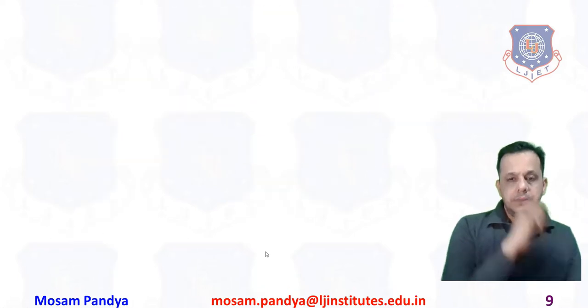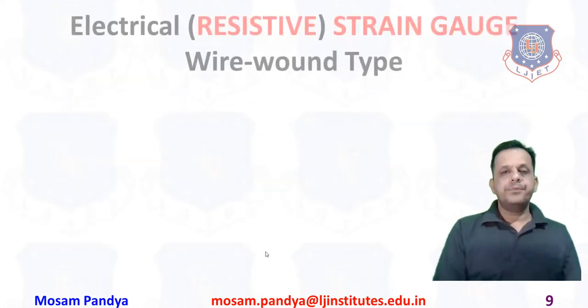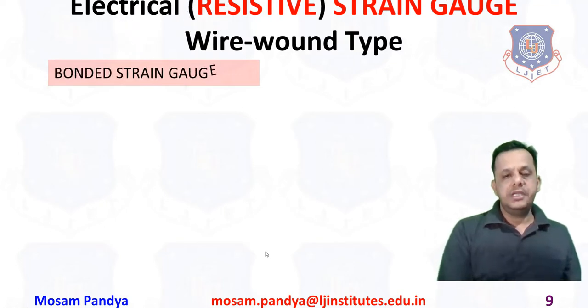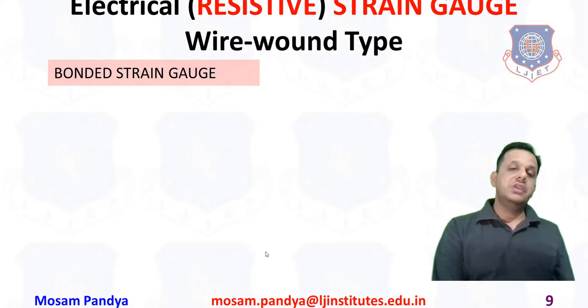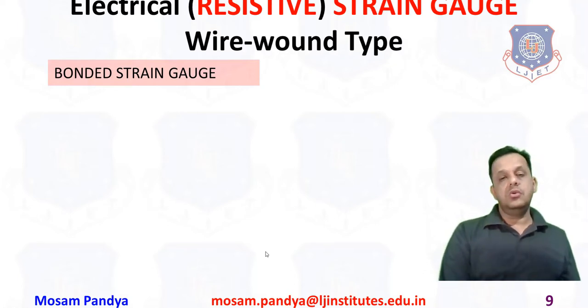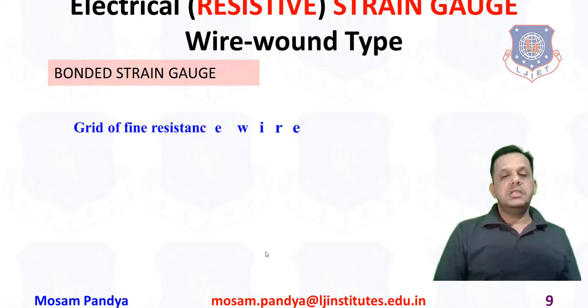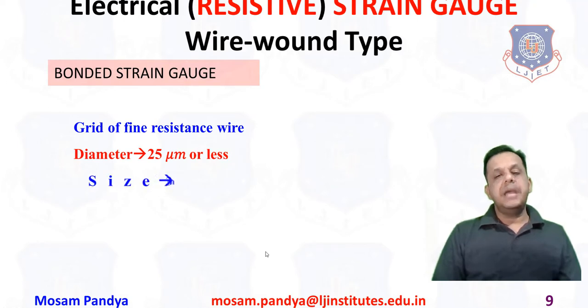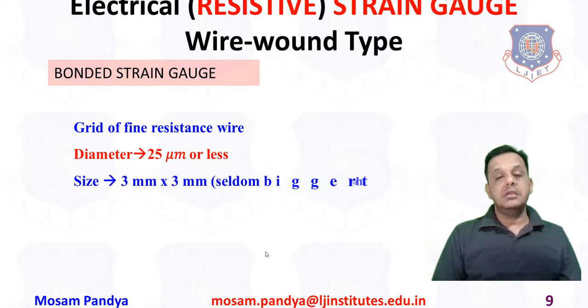Let us go a little bit ahead. For the bonded strain gauge, there are certain facts that you should remember, as they will be required when you write down the theory or go for some MCQ kind of question. It's a grid of fine resistance wire. The diameter of the wire is very small, 25 micrometer or less.